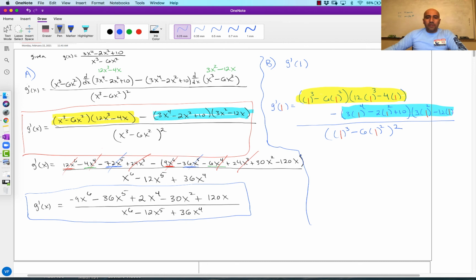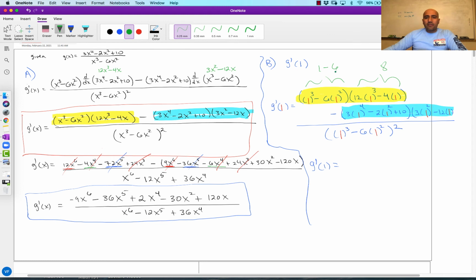Okay. So now we can simplify that a little bit. 1 cubed, that's just 1. 1 minus, this is really just 1 minus 6, which is going to be negative 5. And this is going to be 12 minus 4, which is 8.